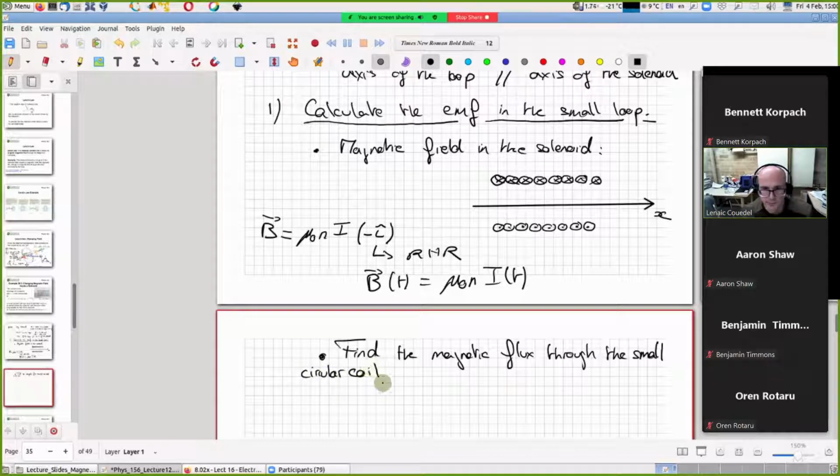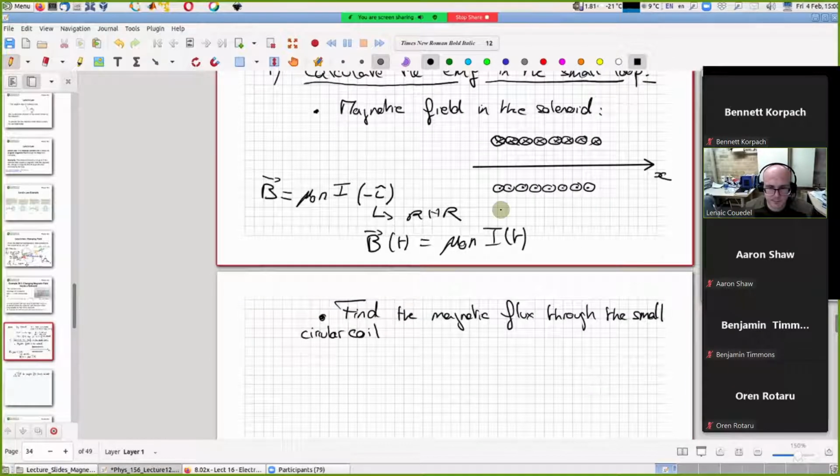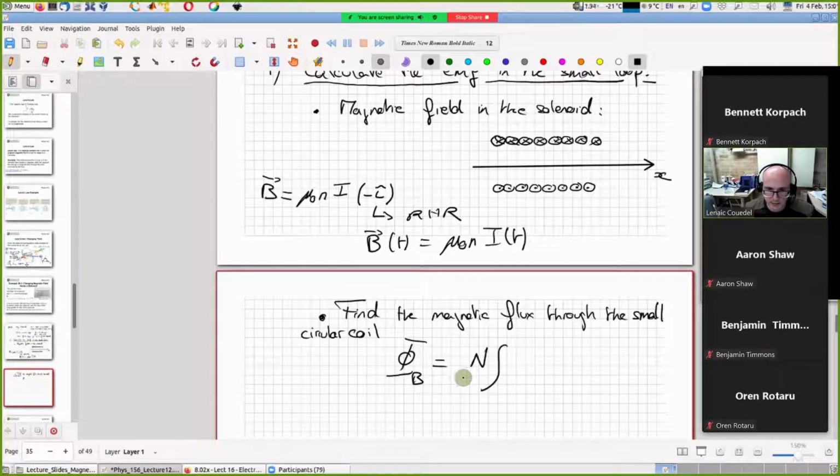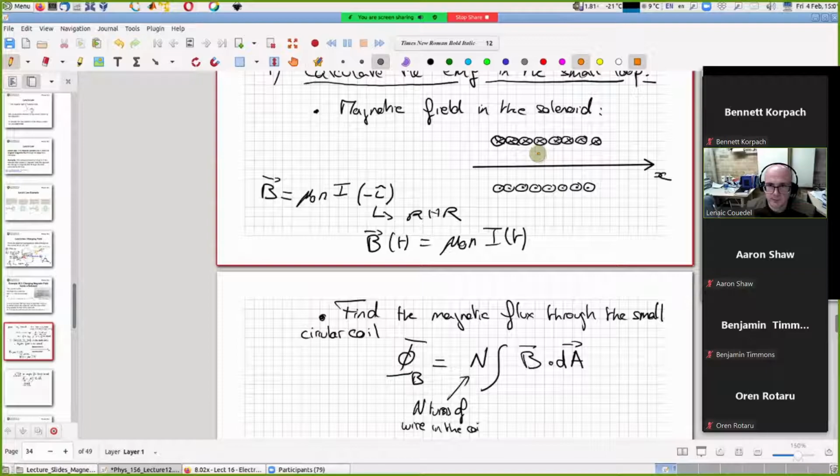So the magnetic flux here, phi b, is equal to capital N, because we have N turns of wire in the coil, times the integral of B dot dA. Here in the schematic, my small loop will be something like that.